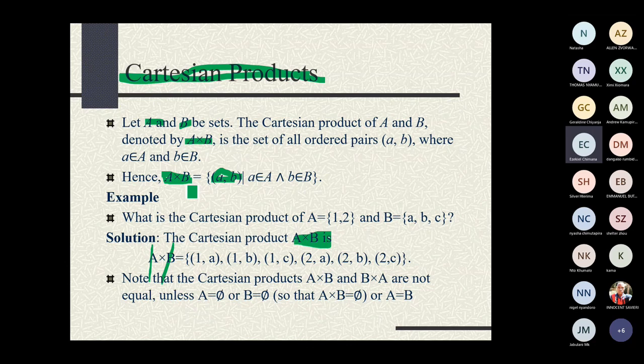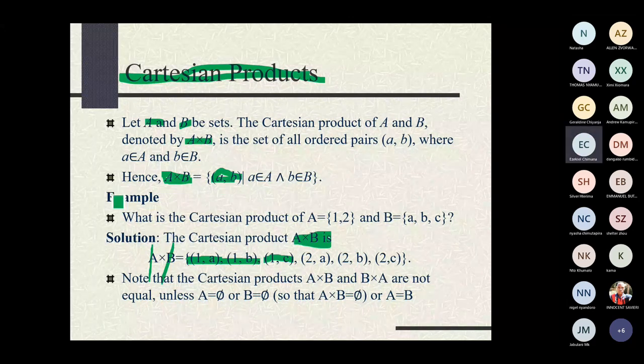And then later on, we've got (2, a), (2, b) and (2, c). And that will form our Cartesian product of A and B. And take note of the notation that we use. We use these parentheses now, which are not the curly ones.